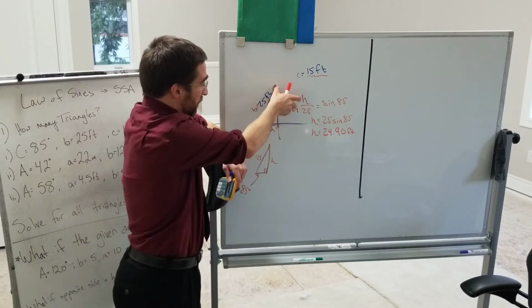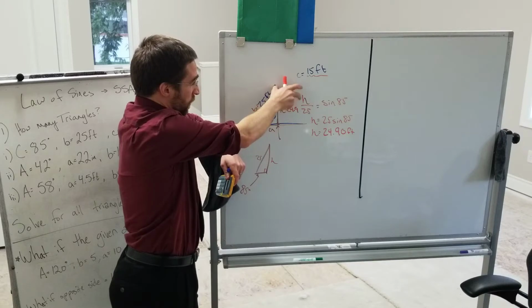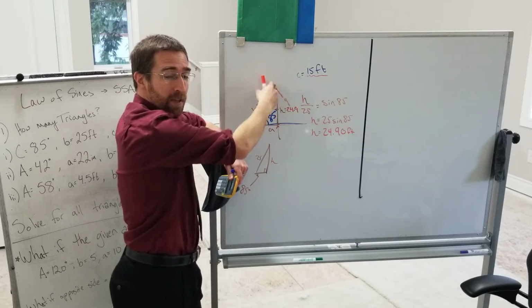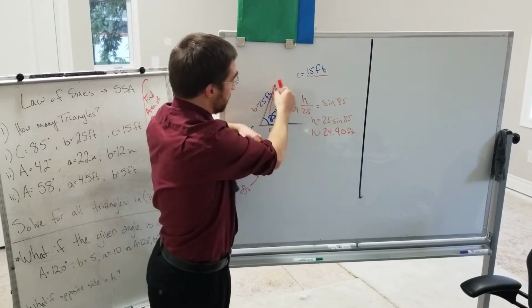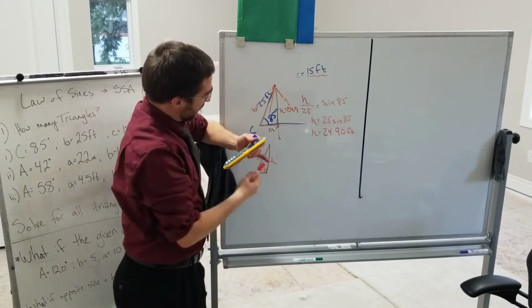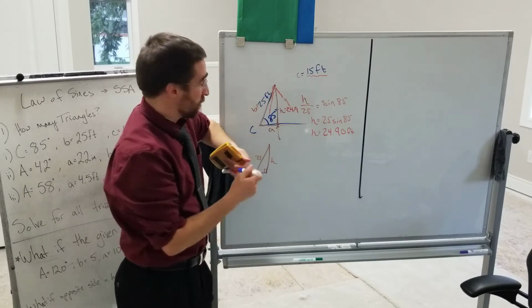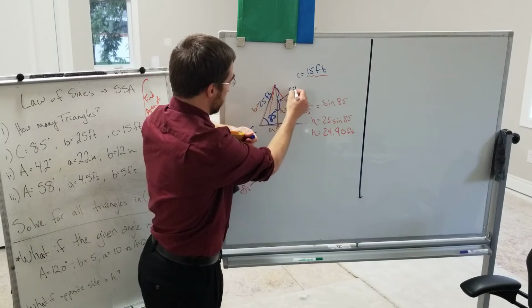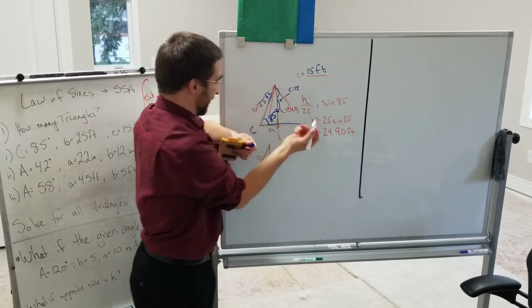Well, this side's only 15 feet. So no matter which way I angle this 15 feet off of this point here, think of it as a string that's 15 feet long and this distance is 24.9. Even the closest distance, which would be perpendicular to this side C equal to 15, only makes it to there.